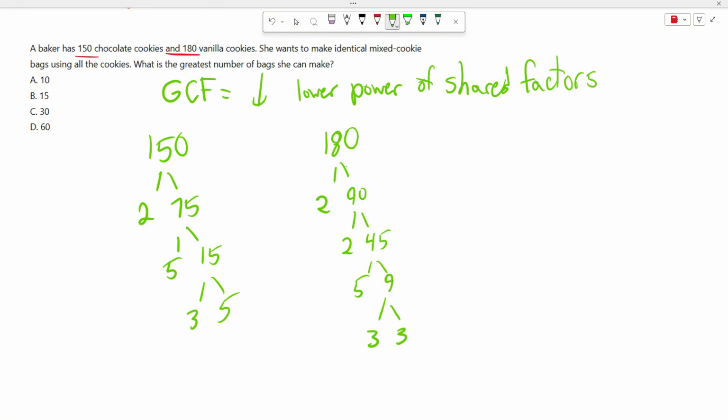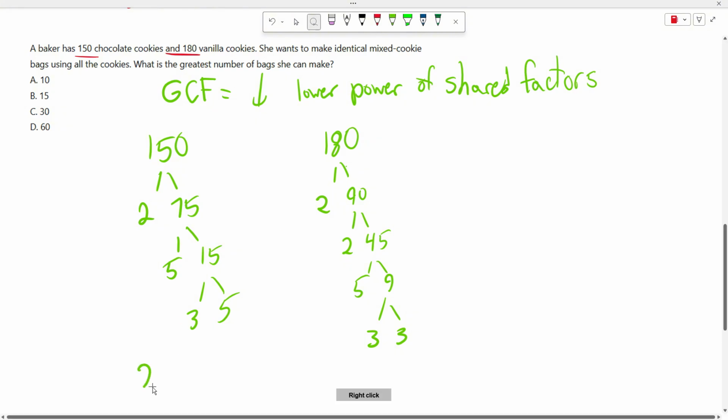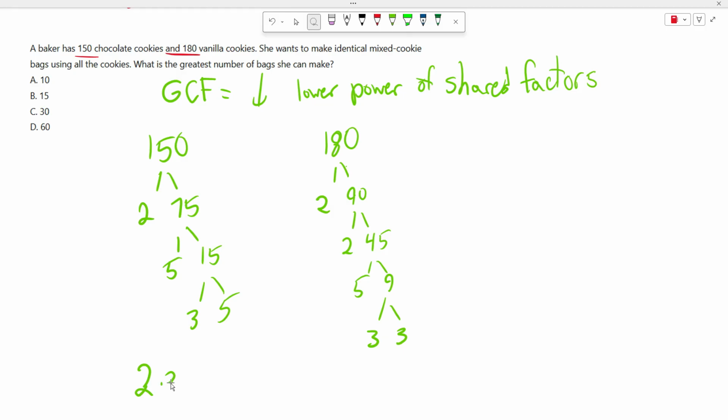So we're looking for the lowest power of shared factors. I should probably write out the prime factorization down here. 2 times 3 times 5 squared, and then 2 squared times 3 squared times 5. The lowest power of the shared factor of 2, well, we have 2 squared and 2 to the first.